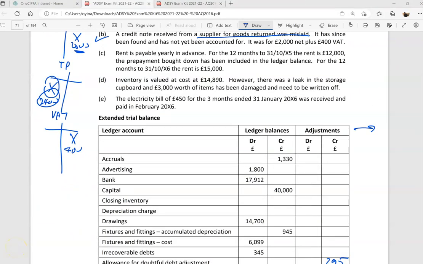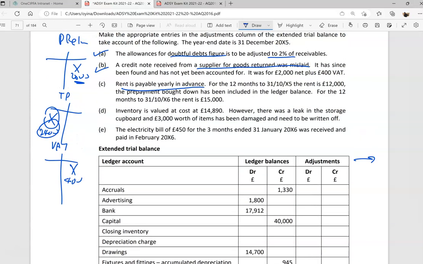Let's see what's happening with rent. It says that rent is payable yearly in advance. The year end is the 31st of December 2005. The question says that you have now paid for the 12 months to the 31st of October, so from the 1st of November X5 to the 31st of October X6.